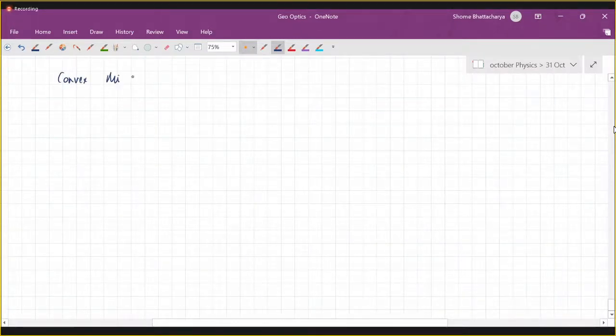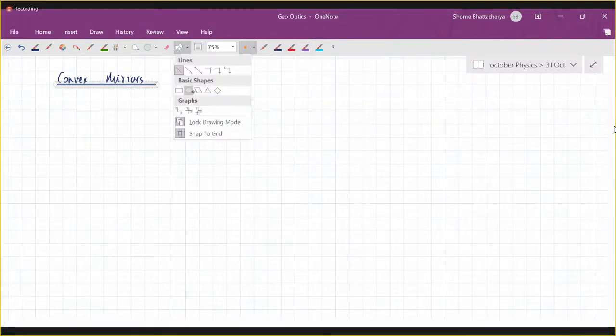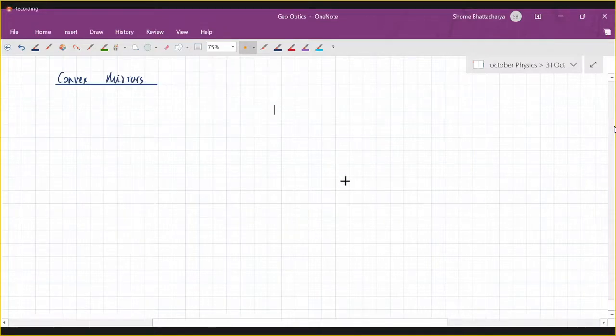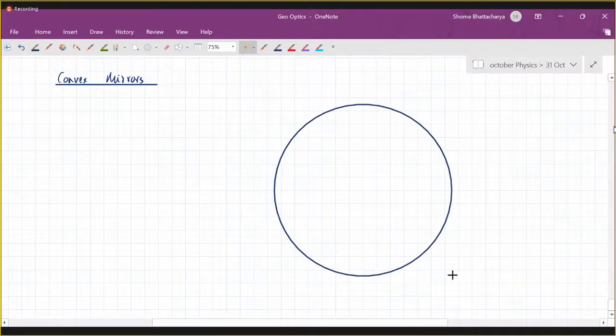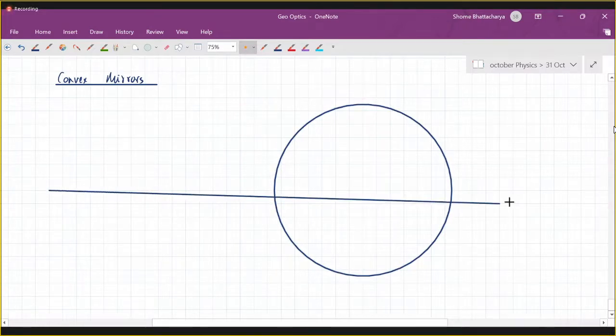Okay, now let's look at convex mirrors. Now you'll see that the relationship between the distances, if we write, of the image, object and the center of curvature, that relationship is a little different. But when we incorporate the sign convention, we'll get the same relationship as before. Okay. So that is where the advantage of Cartesian sign convention comes in.